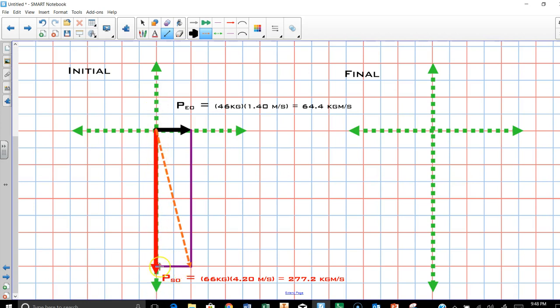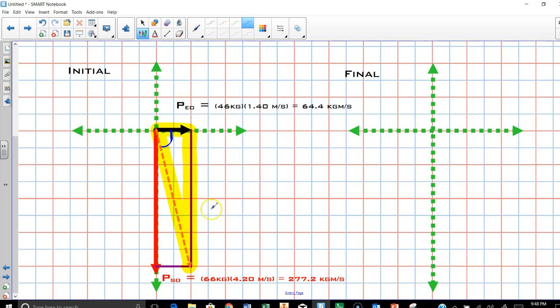So for example, this length here is the 64.4, and this length here, well, actually, let's do it this way. This rectangle right here, I'm going to highlight that. I'm going to look at this triangle here, from there to there, and then back along here. Because that triangle is going to be a little better for me because I'll be able to talk about this angle, which is the reference angle.